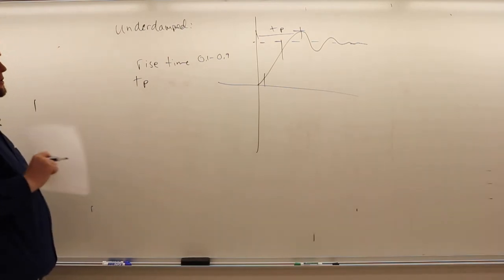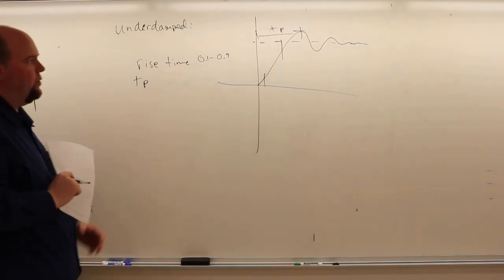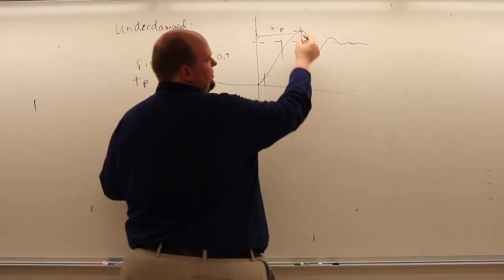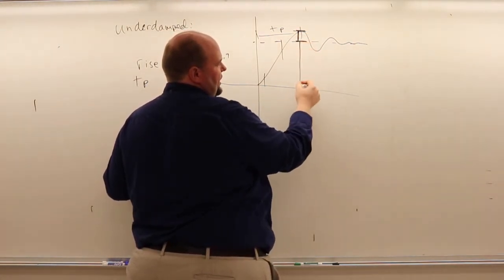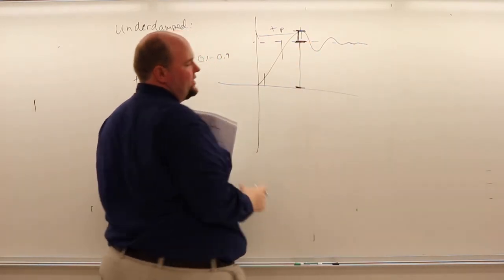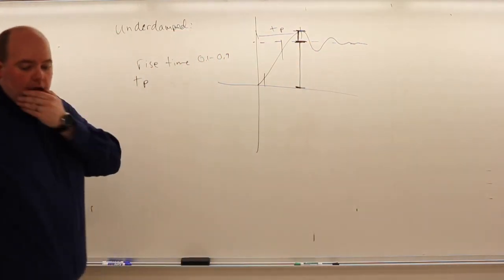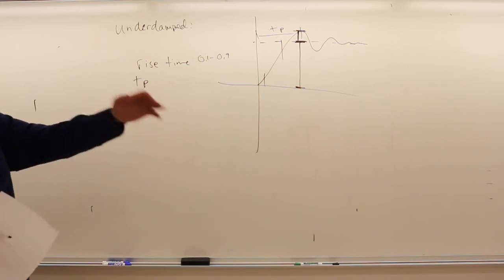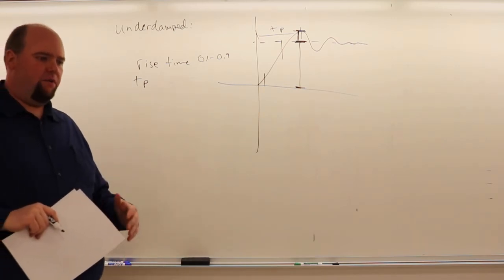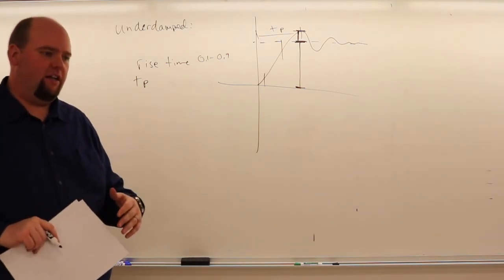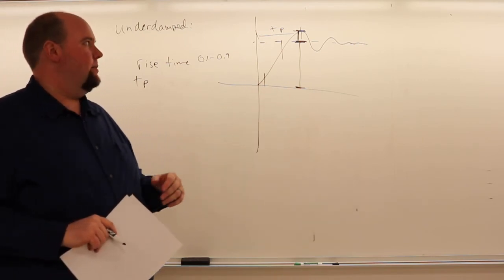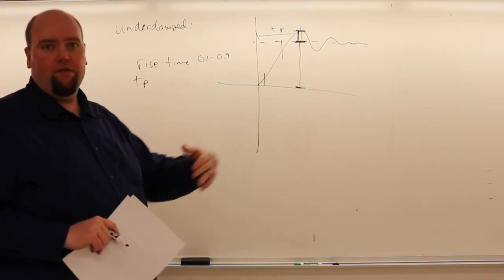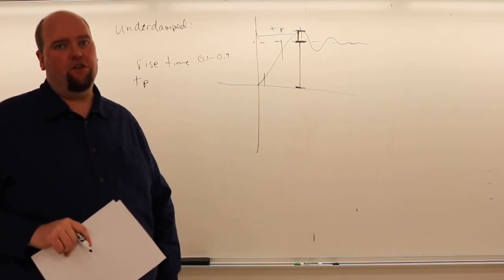So percent overshoot. Percent overshoot is an important one. Percent overshoot would be the magnitude of this overshoot relative to the magnitude of our step change. So if we have a system that is controlling a voltage and we have a step of 10 volts, and we overshoot by 1 volt, that would be a 10% overshoot of our system.